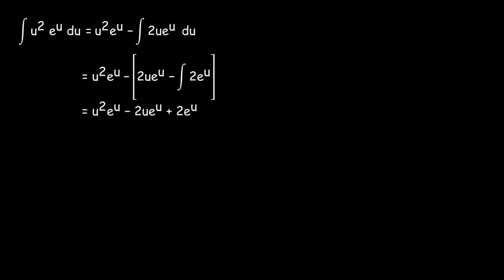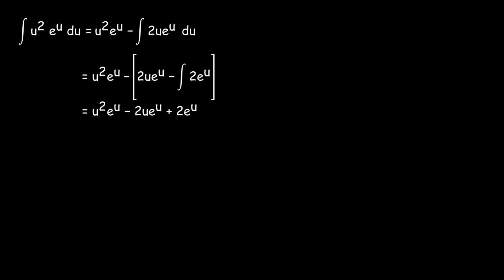We're going to substitute these values, and this will give us the integral of u squared e to the power u as u squared e to the power u minus 2u e to the power u minus the integral of 2e to the power u. That last bit is very easy to integrate. It would stay the same as 2e to the power u.